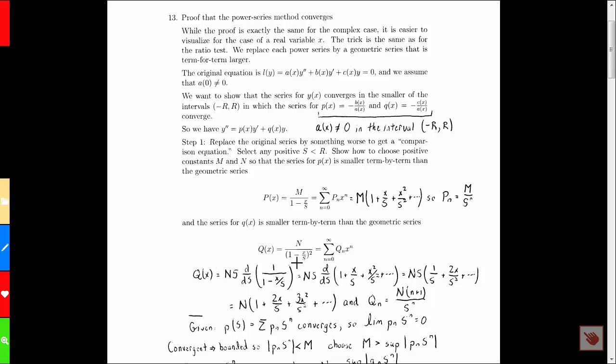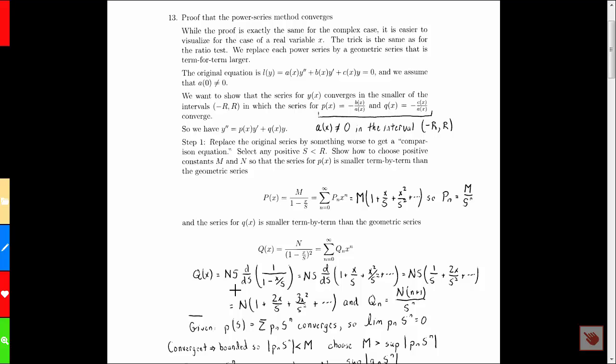So our function capital Q of x, when expanded, is NS times the derivative of the geometric series 1 plus x over S plus so on, or multiplying through, we have NS times, when we take the derivative, 0 plus 1 over capital S plus 2x over capital S squared plus dot dot dot.